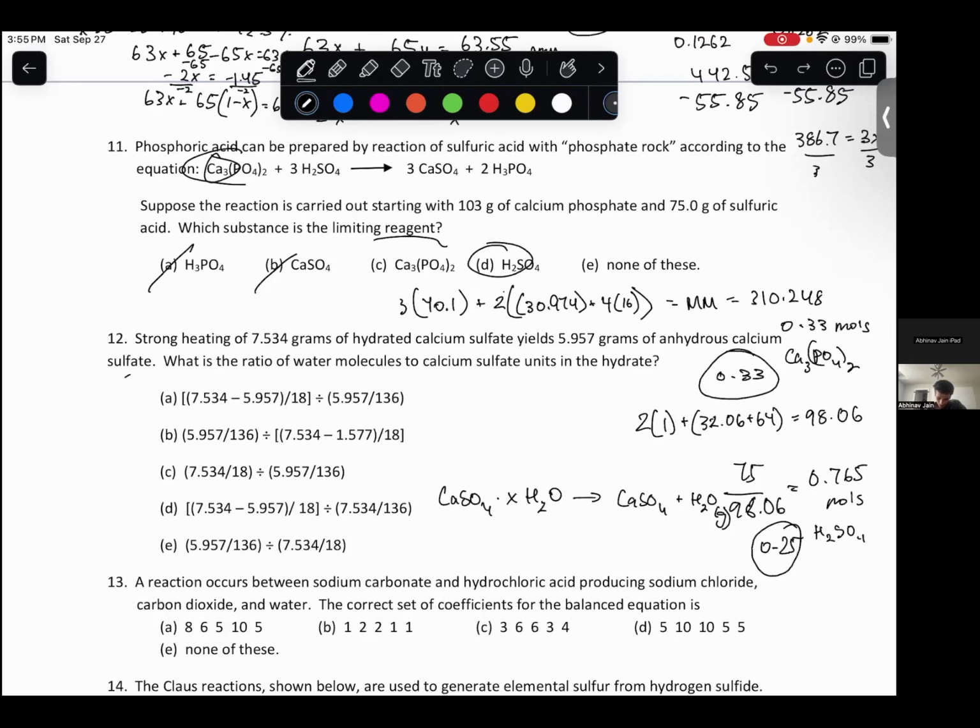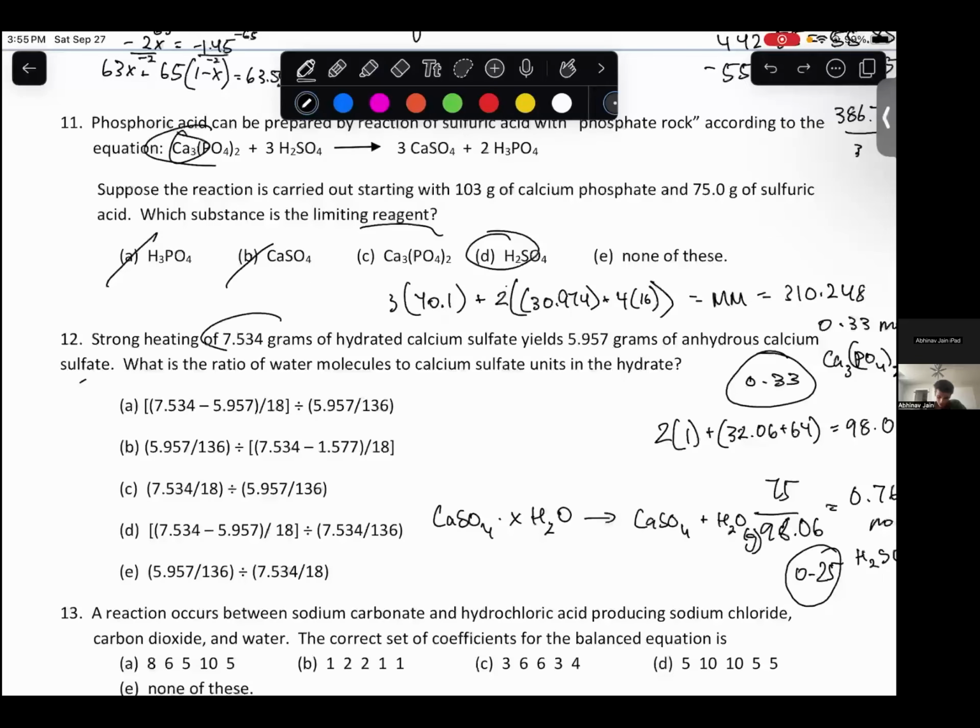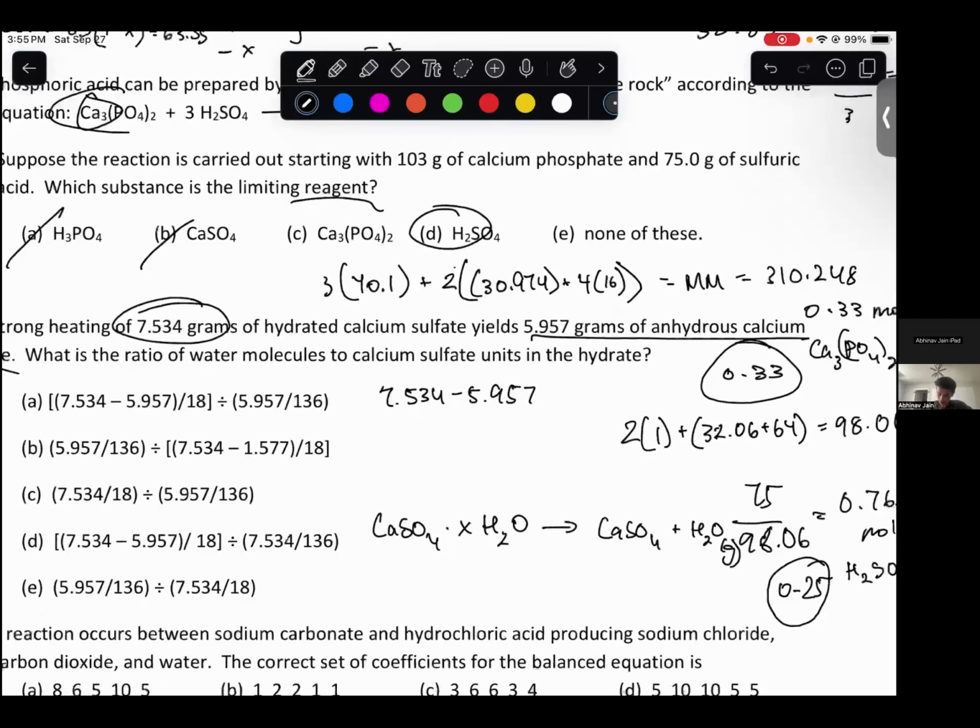And then it says, what is the ratio of water molecules to calcium sulfate units in the hydrate? We're given the mass of the entire hydrate and then the mass of just the anhydrous calcium sulfate. So that means 7.534, which is the total mass, minus the mass of the anhydrous calcium sulfate. So just the calcium sulfate, that's obviously going to get us the mass of the water that we drove off.